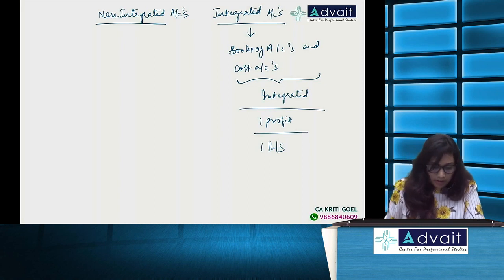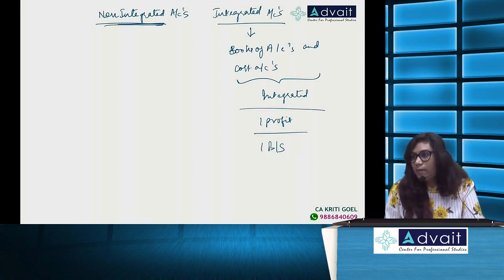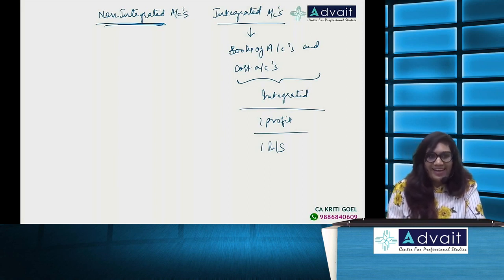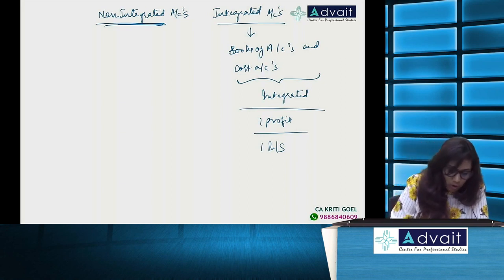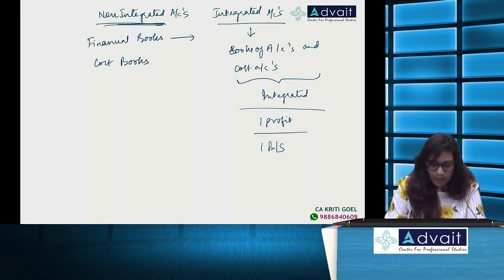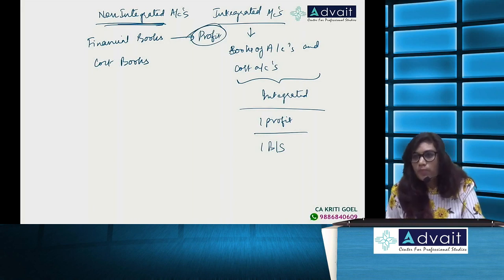But when we talk about non-integrated accounts, as the name suggests, the accounts are not integrated, which means they are kept separately. So financial books will be separate from cost books. As per financial account, we will calculate one profit, which is the financial profit.